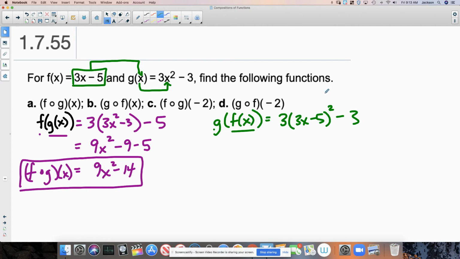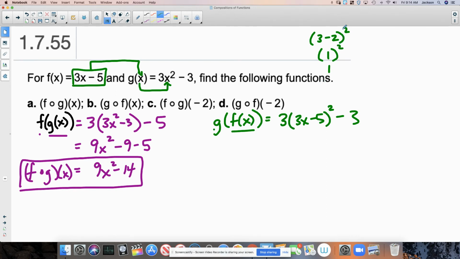You cannot distribute an exponent into a difference, or a sum. Here's why. What's 3 minus 2 squared? Play along with me just so you understand why this can't happen. If we follow the order of operations, 3 minus 2 is 1, and 1 squared is 1.